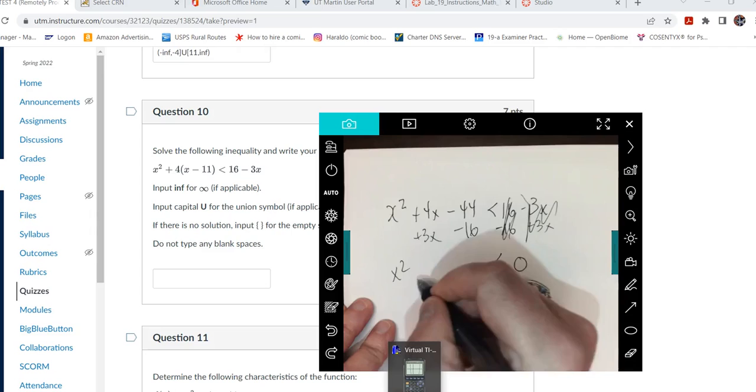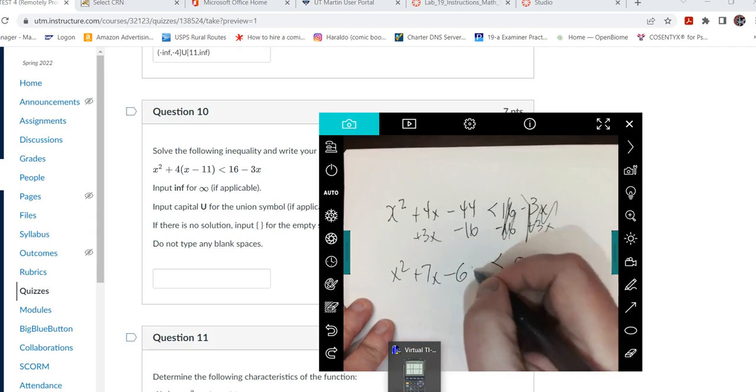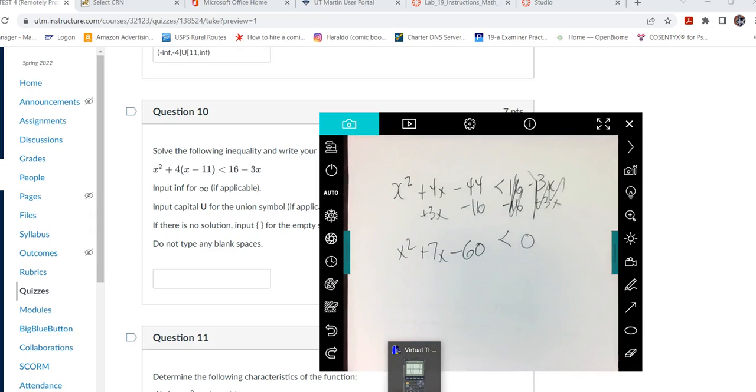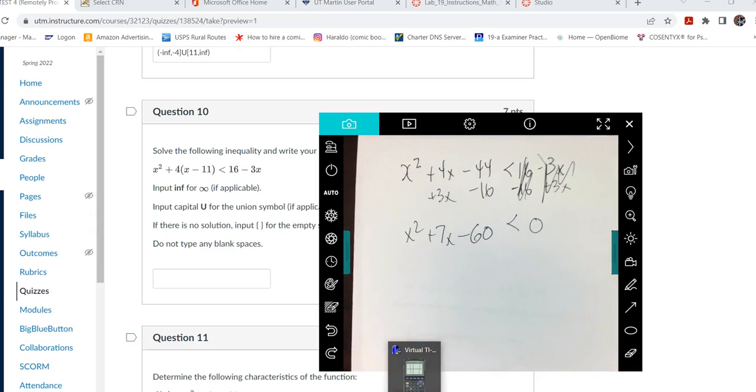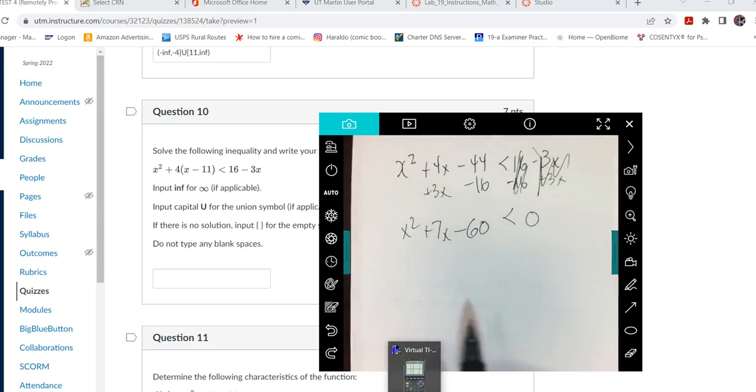Then I'm going to have x squared plus 7x minus 60. That's what it looks like there. 12 and 5 is 60. Okay. And you might want to see, does it factor?